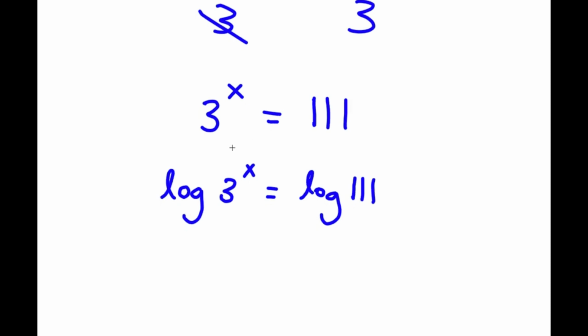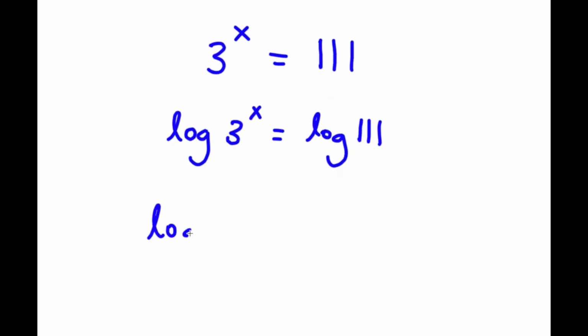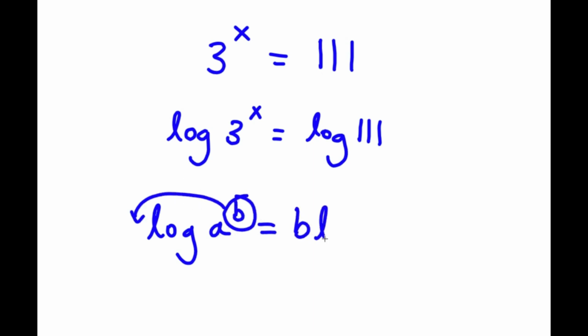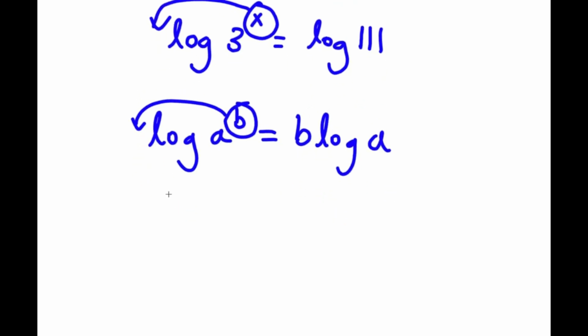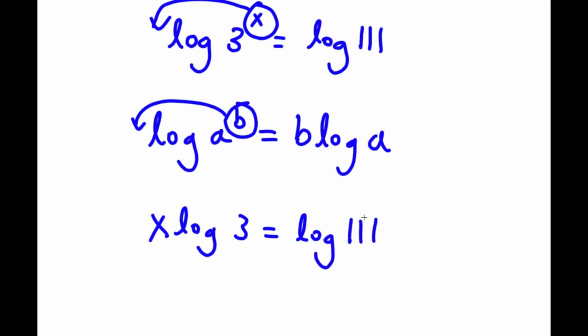So now, if I have something in the form log a to the power of b, I can actually move this exponent b to the front. So this is going to equal b times log a. So for log 3 to the power of x, I can move x to the front. So now that would lead to me having x times log 3 is equal to log 111.